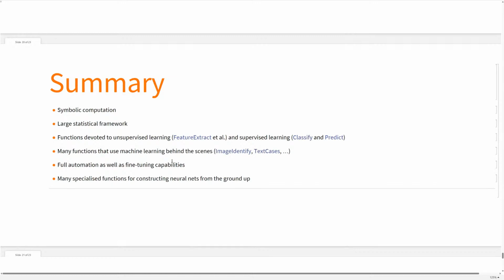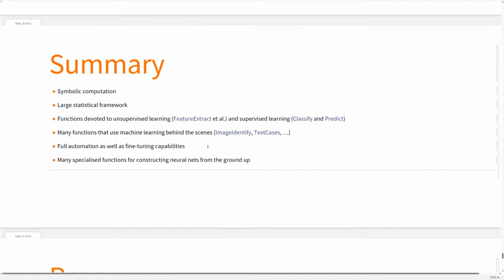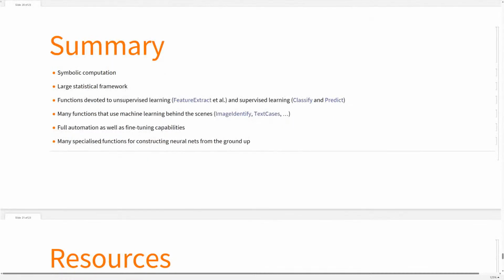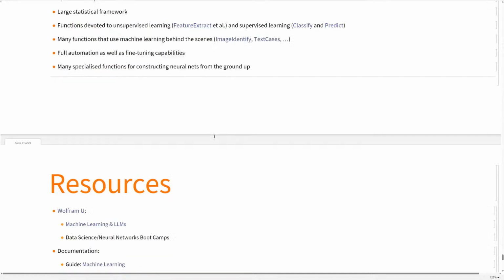And we have functions for machine learning, supervised and unsupervised. We looked at the neural net together, and later the full automation as well as fine-tuning capability. And then in the end we looked at how to make statistics and machine learning work together.